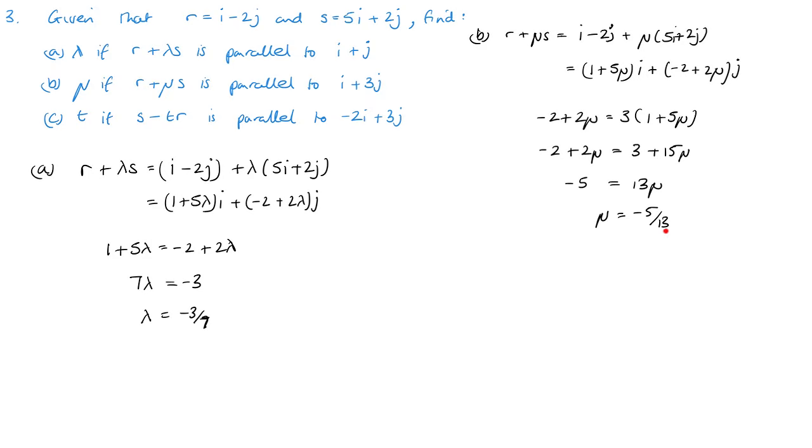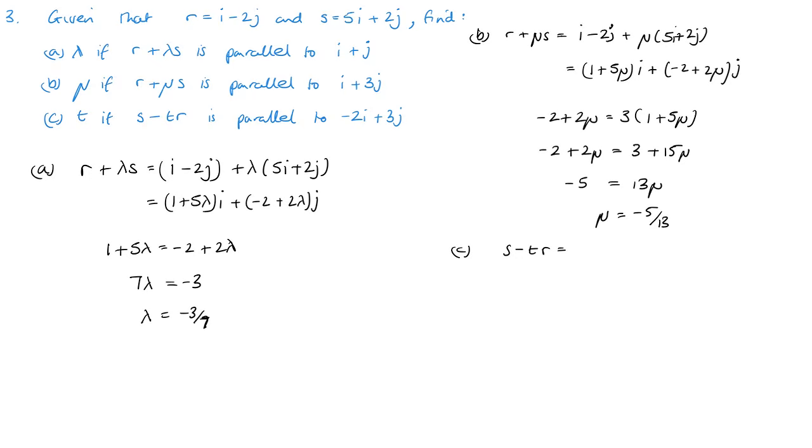And if I substitute this into here to check it, I get minus 12 over 13 for i and minus 36 over 13 for j, which is 3 times i, which is what we want. Now we use a similar process for part c. So we've got s minus tr.